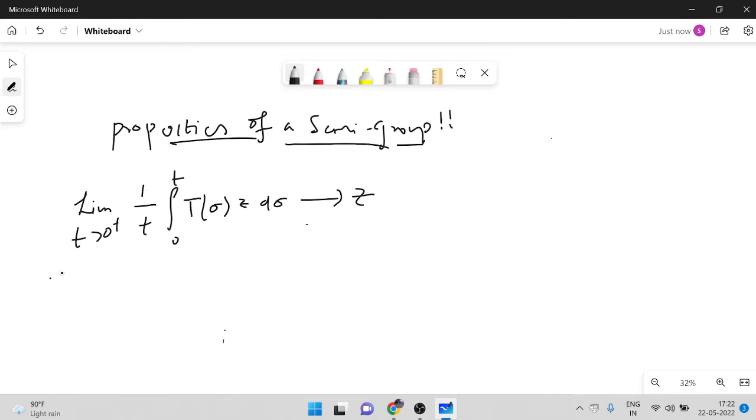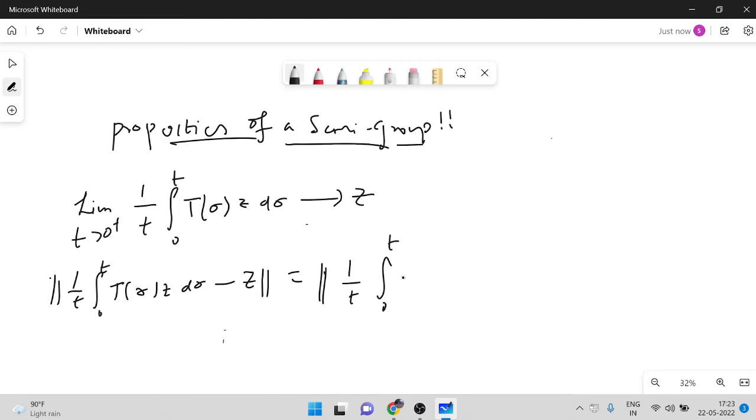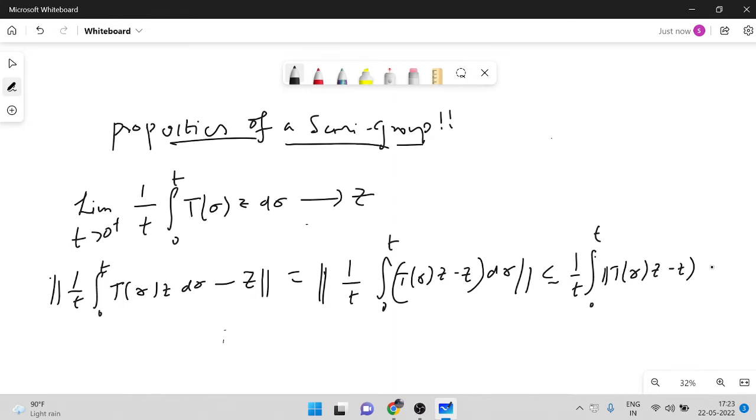For that you basically take this particular expression, 1 by t integral 0 to t of T of sigma z minus z norm, which is equal to the norm of 1 by t integral 0 to t of T of sigma z minus z d sigma, which is less than or equal to 1 by t integral 0 to t norm of T of sigma z minus z d sigma.